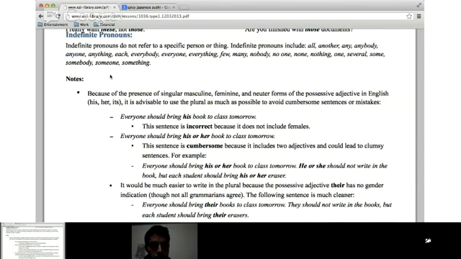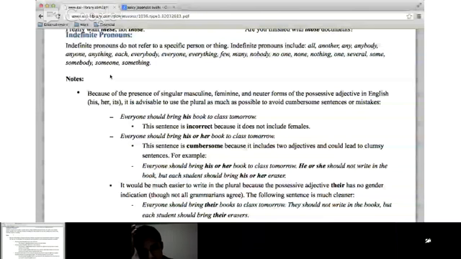Notes. Because of the presence of singular masculine, feminine, and neuter forms of the possessive adjective in English, his, her, its, it is advisable to use the plural as much as possible to avoid cumbersome sentences or mistakes. Everyone should bring his book to class tomorrow.